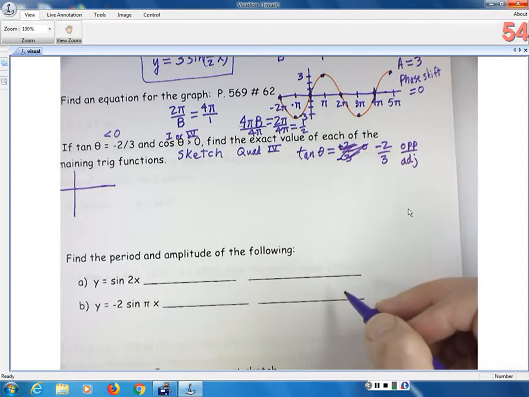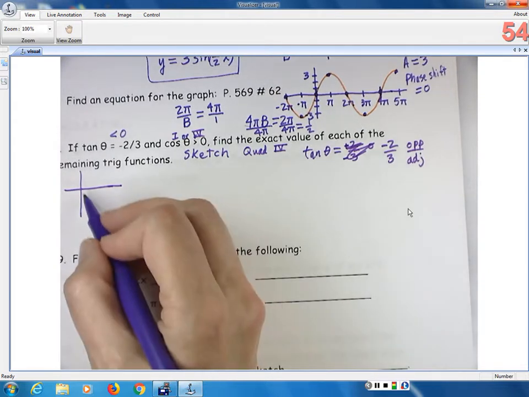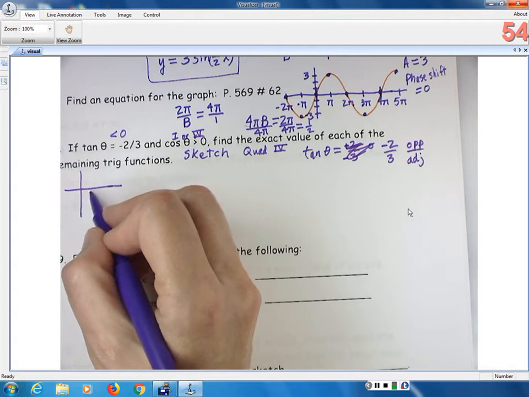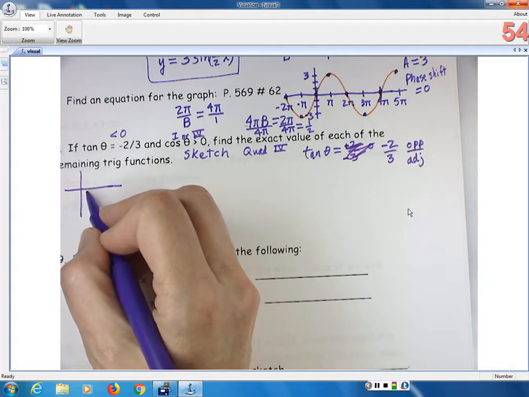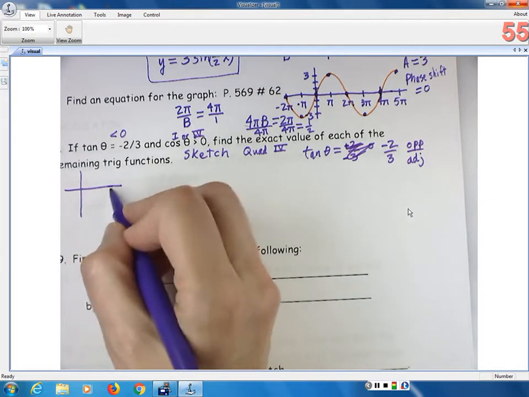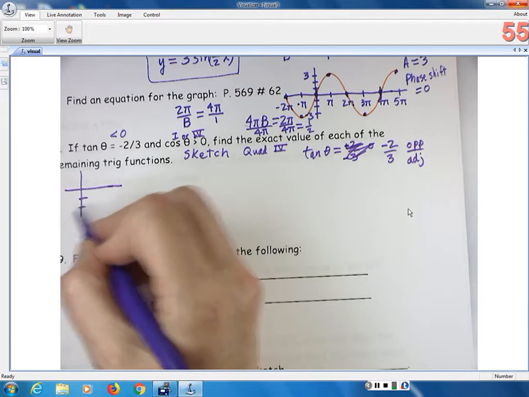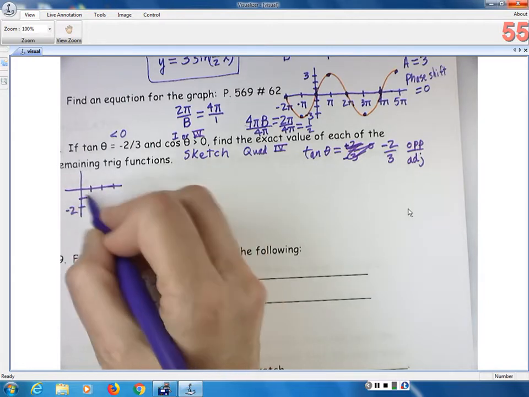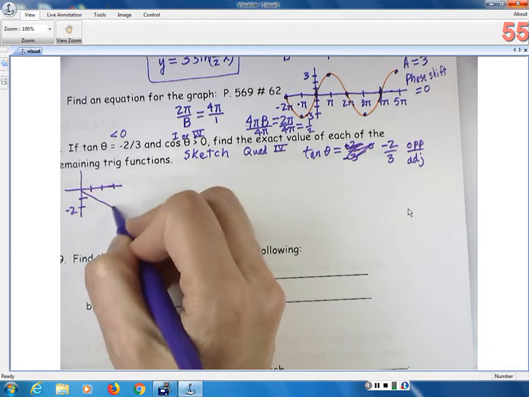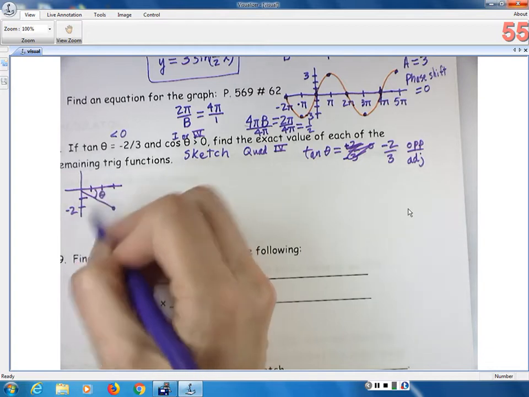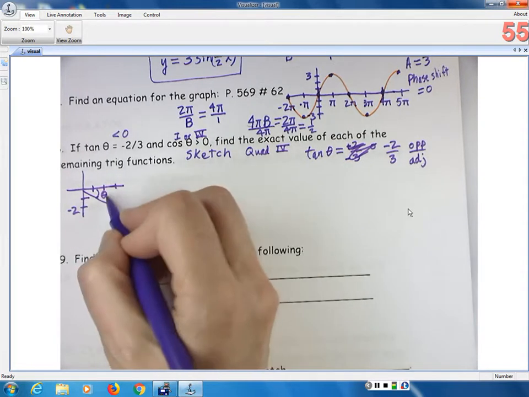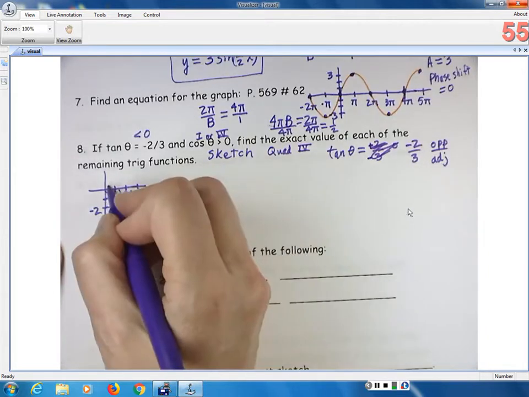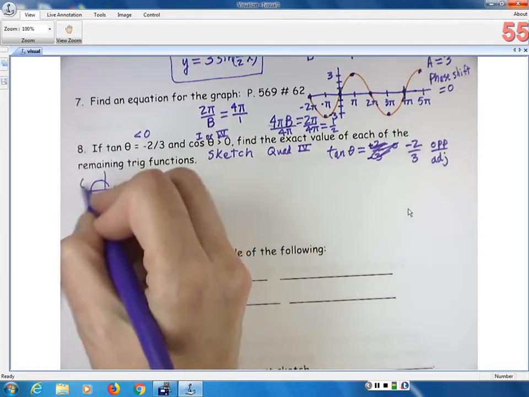Okay. And because we're in quadrant 4, let me draw, opposite is y, and this is going to be 1, 2, 3. This is my theta prime, my reference angle I'm going to use. Theta is actually here.